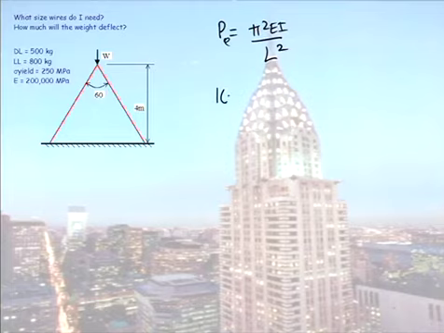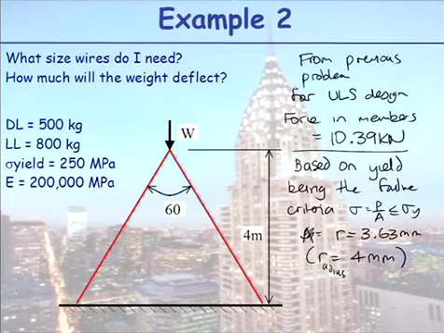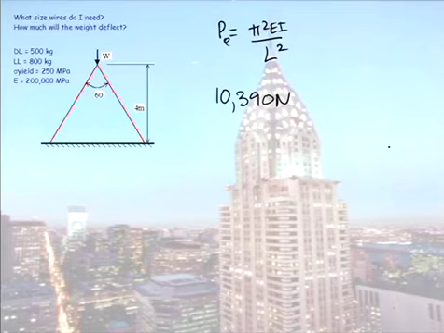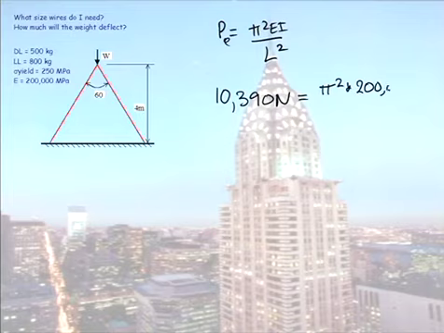So I'm going to set my buckle load to be my 10.39 kilonewton. So I'm going to now equate that to pi squared times my Young's modulus. And this time round, I is my unknown.